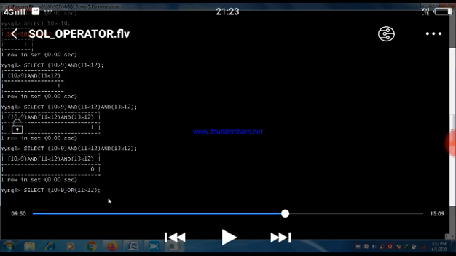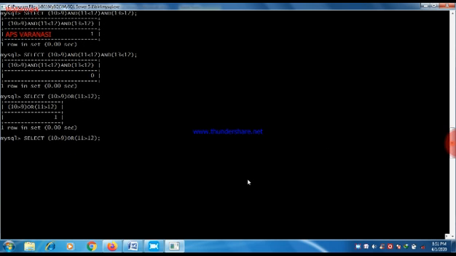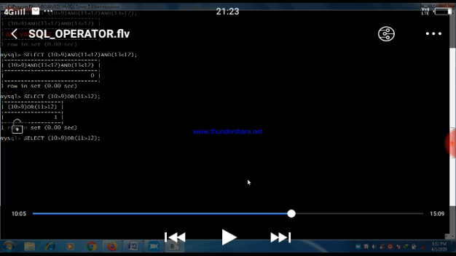Both conditions are true, then the answer will be true. It means the answer will be 1 in that case. Statements are separated by using the OR operator. If at least one condition is true, then the answer will be true in case of the OR operator.